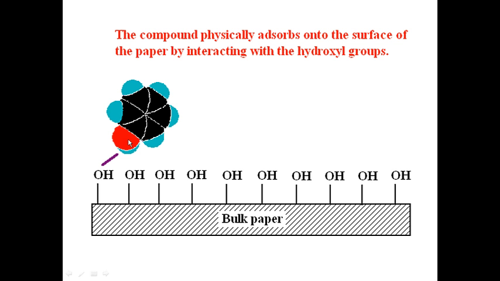If it has OH groups, it might hydrogen bond. If it has other polar groups, it might accept the hydrogen bond from the water. If it's just a non-polar material, then it'll have a dispersion dipole interaction. But somehow it's physically adsorbed onto the surface, like this molecule here.